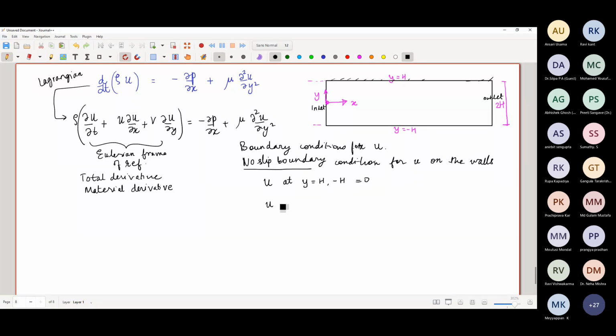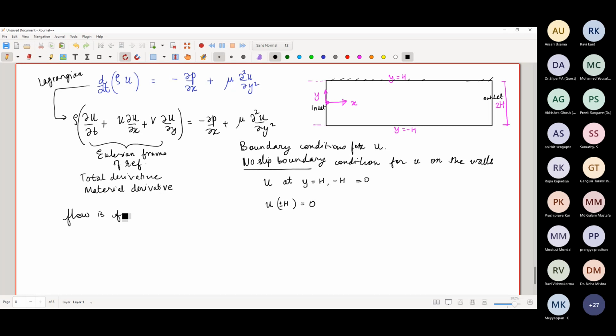We can say that u at plus or minus h is equal to 0. Now we will say that the flow is fully developed.